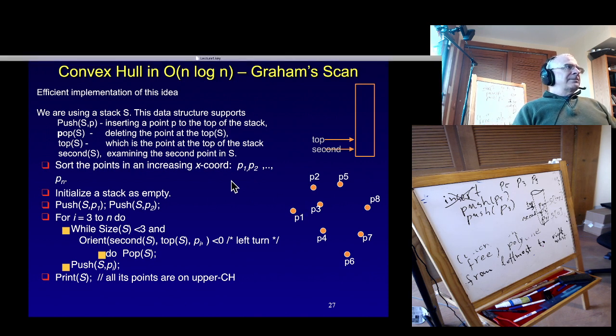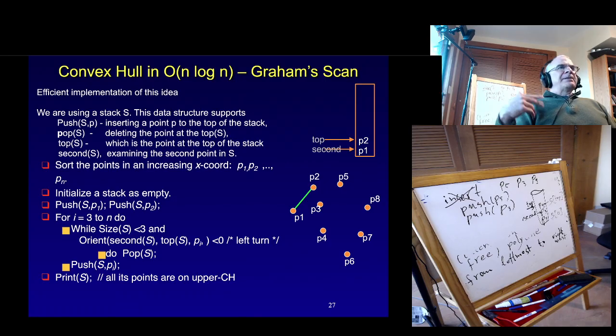So I start by setting the stack as empty, and now I'm inserting P1 and P2. P1 and P2 are in the stack, also a segment. Connect them, so as far as I know they are both in the upper convex hull, and you need to keep in mind that the vertex that is the first one to be deleted, the one that I'm not sure about, is always at the top of the stack.